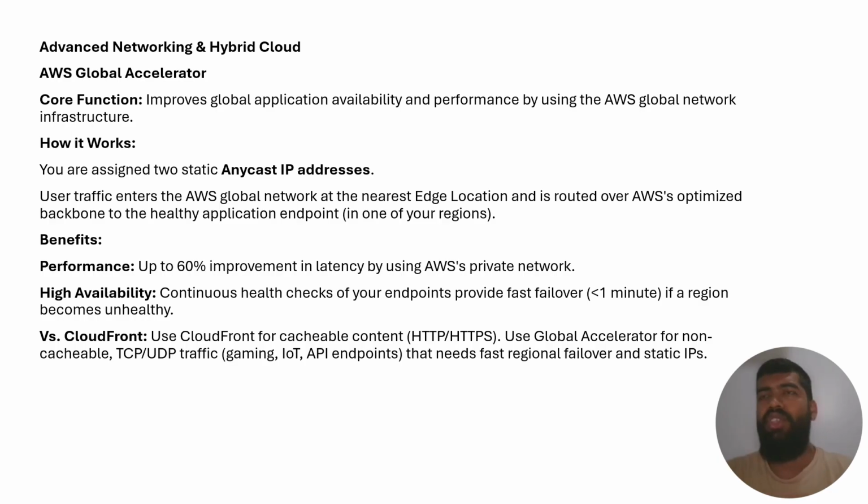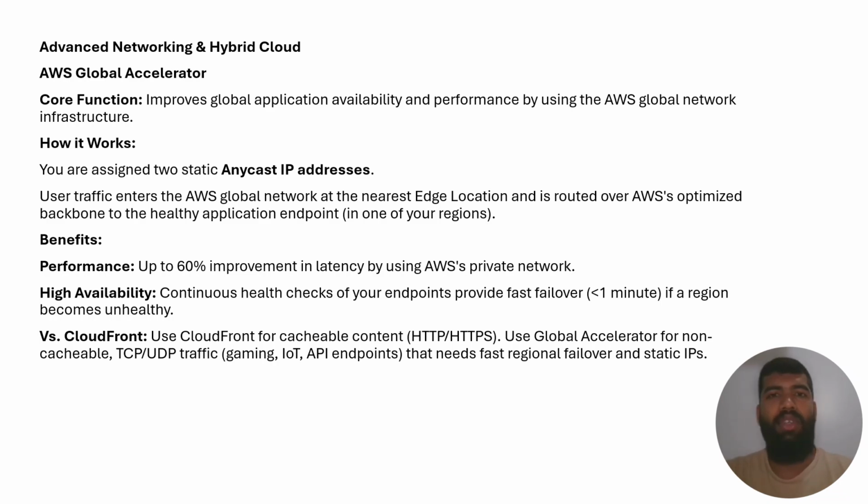The magic is you get two static anycast IP addresses, and when a user connects to your app, their traffic enters the global AWS network at the nearest edge location. It then travels over AWS's private, uncongested backbone network, not the public internet, to reach your application endpoint in an AWS region.